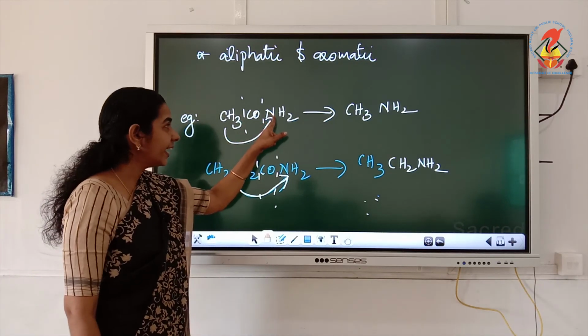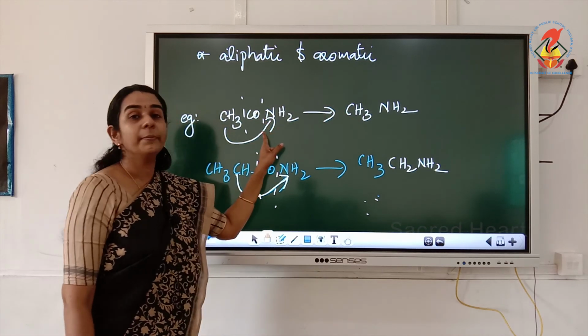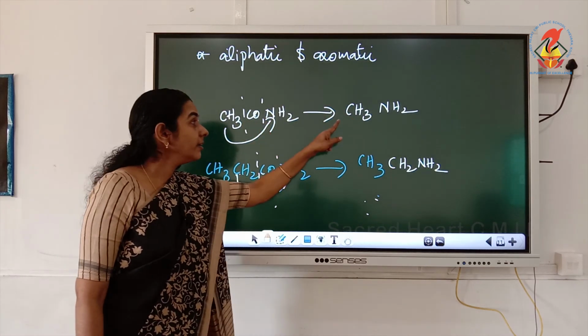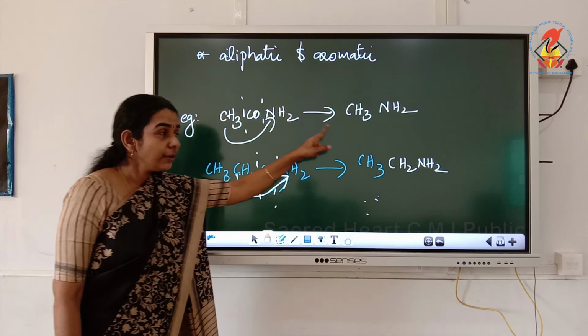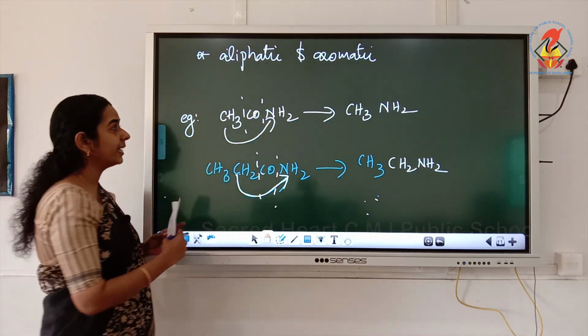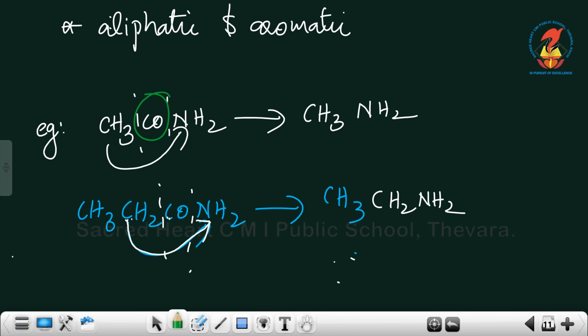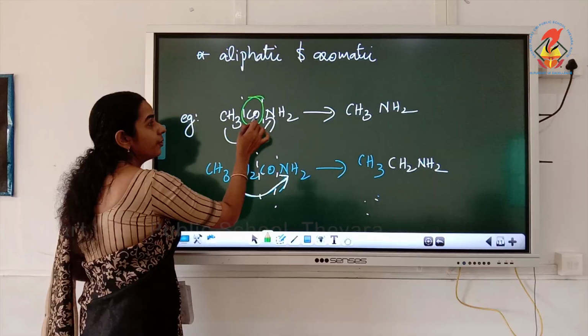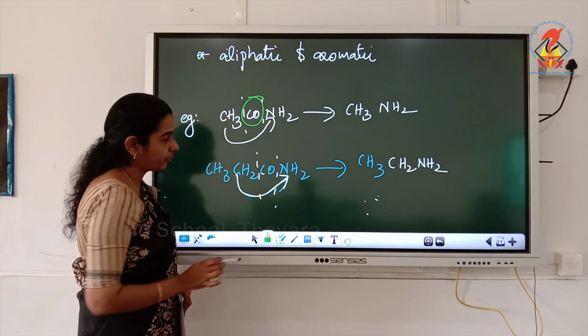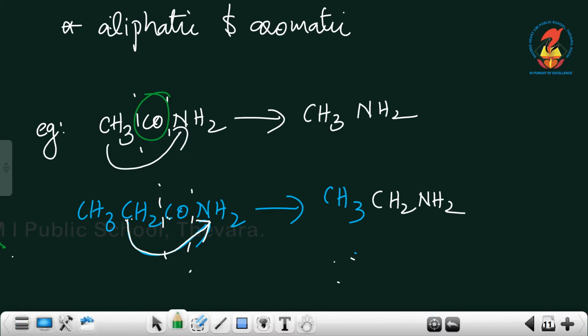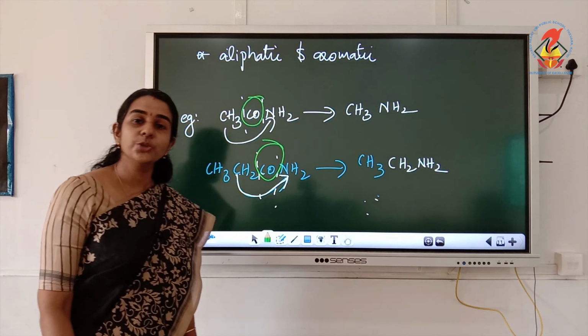So see these two equations. If I want to get the amine from the amide, very easy, just remove the CO group. From CH3CONH2, if you remove CO, you are getting CH3NH2. From CH3CH2CONH2, if you remove CO, you are getting CH3CH2NH2.